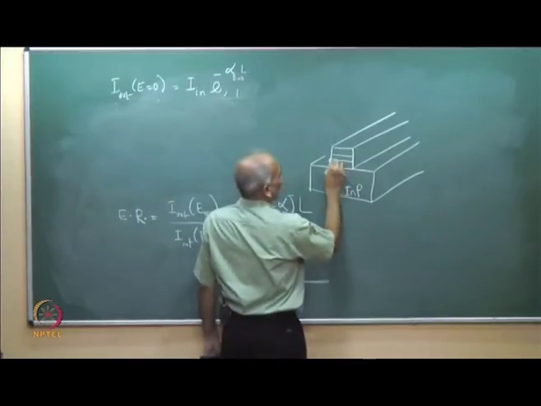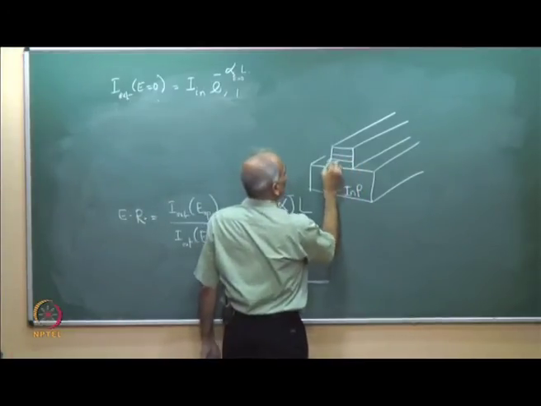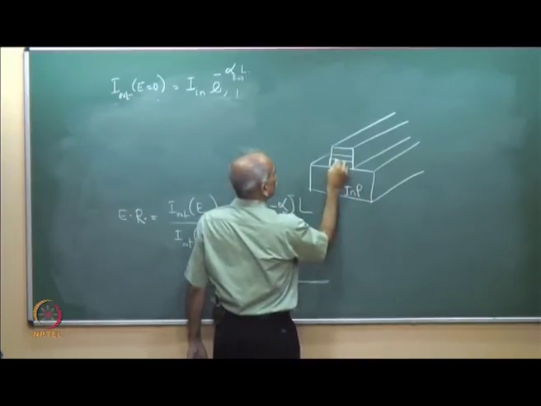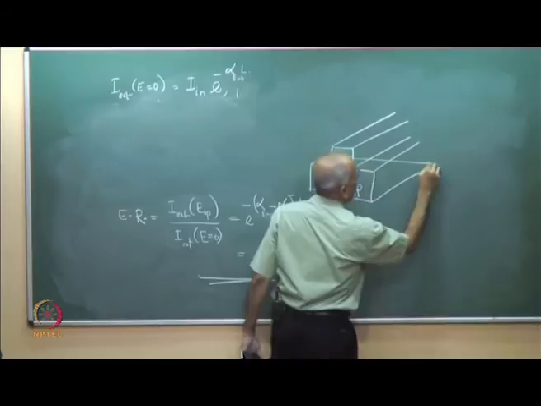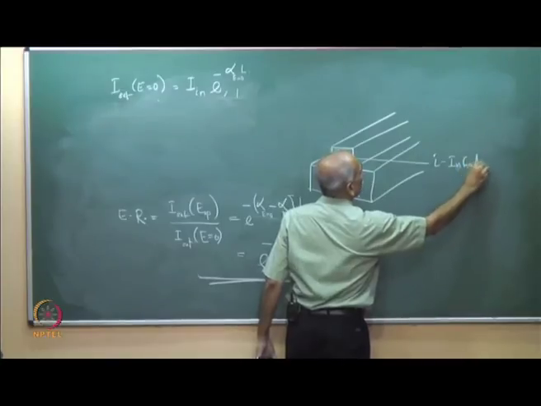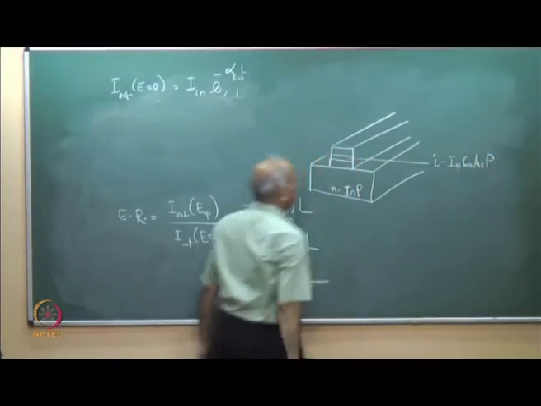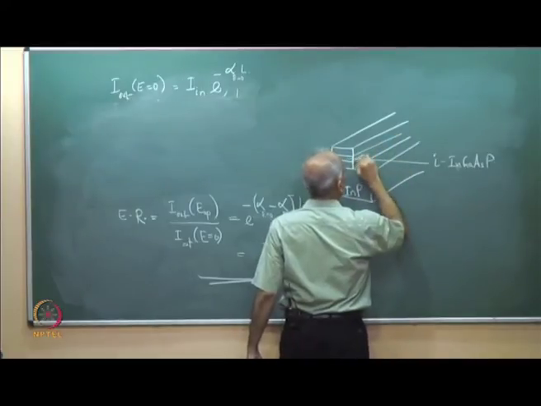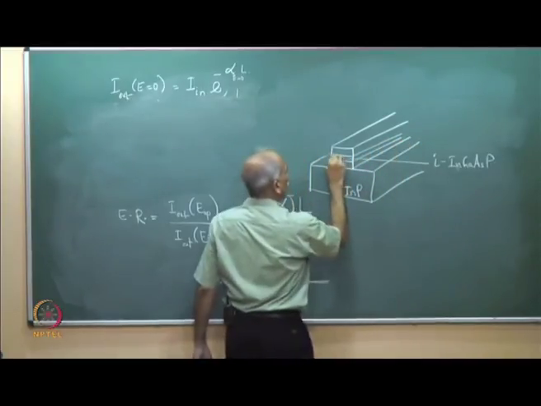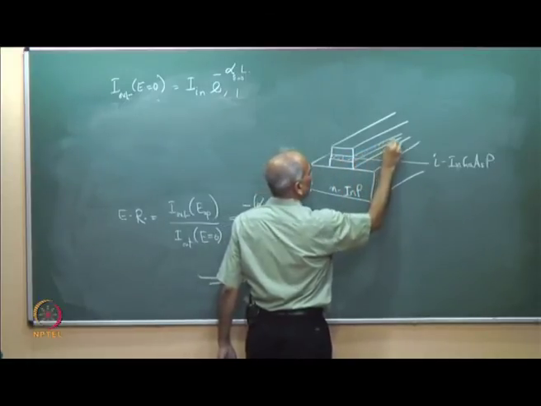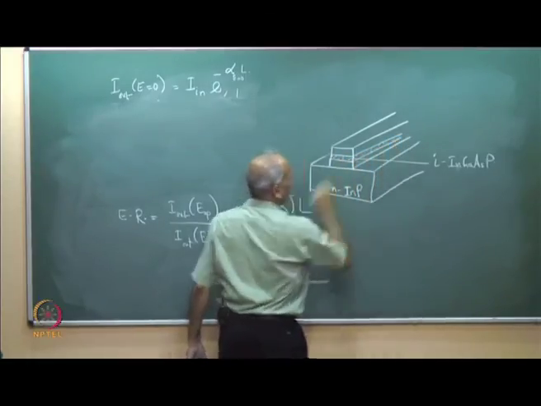Okay. And this is the substrate, and this is indium gallium arsenide phosphide for communication wavelength. Just to distinguish this internal layer, I will mark it with the dotted lines.